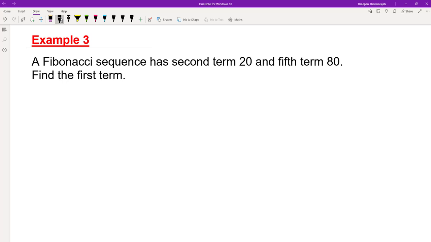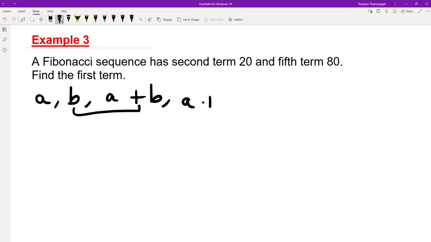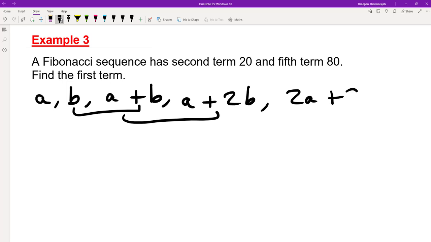Find the first term. So let's say the first term is A, the second term is B, then the next term is A plus B, then the next term after that is going to be A plus 2B, and take these two terms together, we add them, A plus A is 2A, B plus 2B is 3B, so I get 1, 2, 3, 4, 5 terms in my sequence.